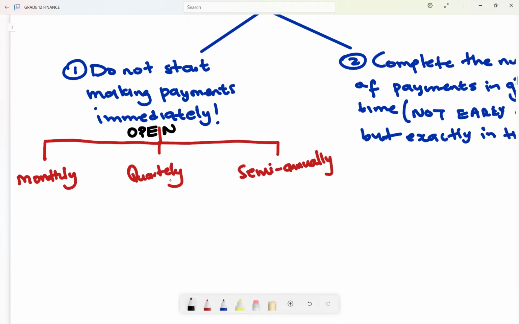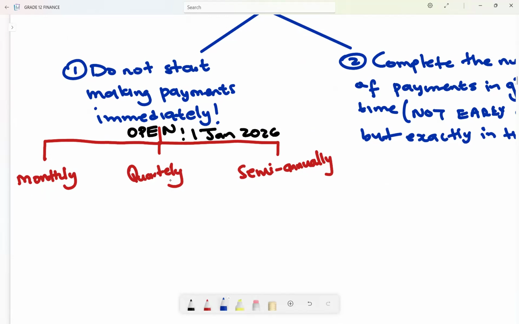Let's say you open your account on the 1st of January, for all of them. When should you start making the payment? For the monthly, since you are going to pay each and every month, you should skip the first month.